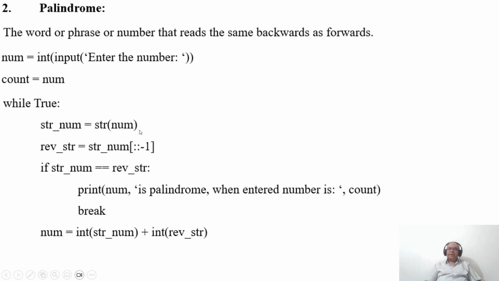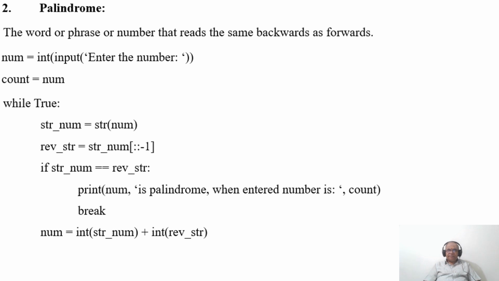So what I am doing here is converting the number which we entered in the beginning into a string. Why do I need to convert that into a string? Because when you want to reverse it, I can use a string function to reverse it directly, using the string handling function.